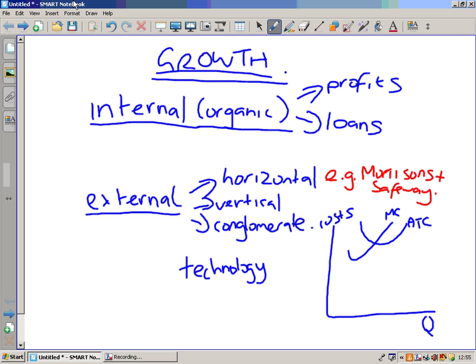At the moment, to produce Q1, so their optimum output, their costs are C1. With the introduction of technology, so maybe more capital, more skills on the production line, it means the cost of production will fall. This will mean that the ATC curve will do this.